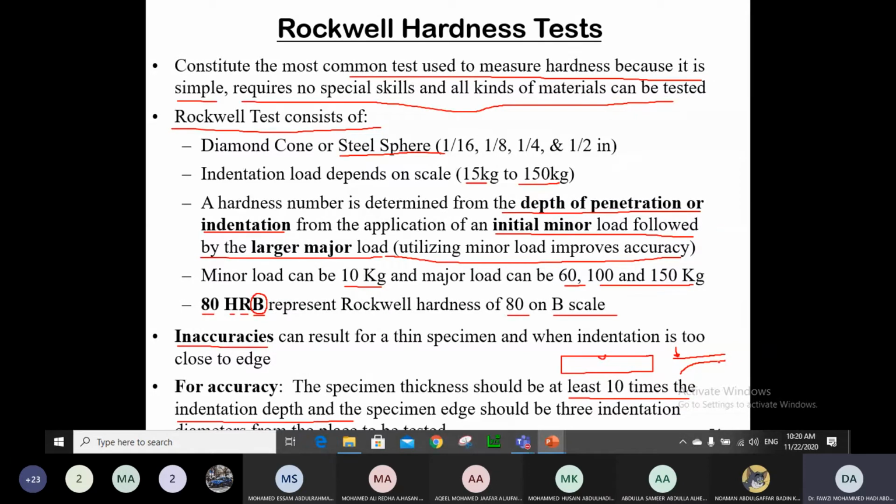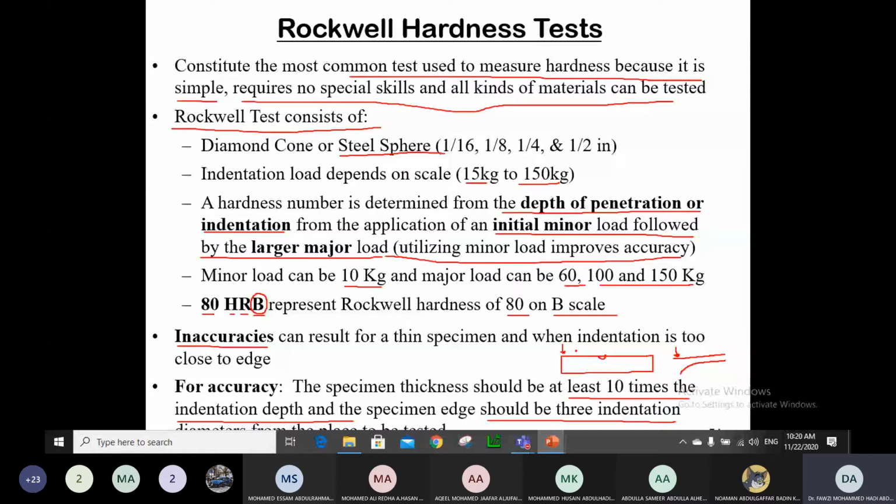In addition to that, if we do it close to the edge like that, even the indenter, if the indenter is thick enough, you could also cause a deflection of the material and not indentation. And that's why we also say that the specimen should be 3 times the indentation diameter away from the edge of the material.